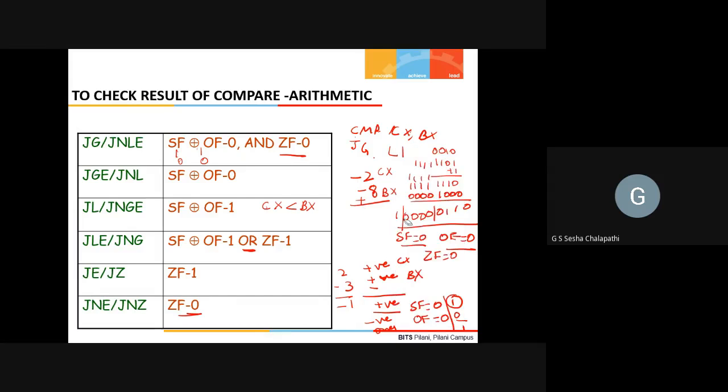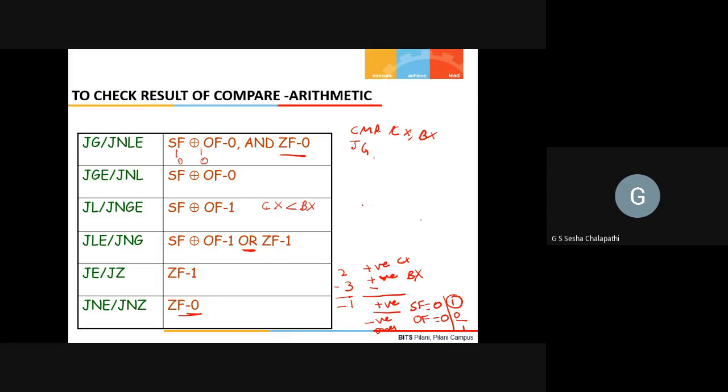But what the microprocessor actually does is what I told you in the previous two or three lectures. It won't do a two's complement subtraction. It will actually do a binary subtraction. So the carry flag will not be the same.